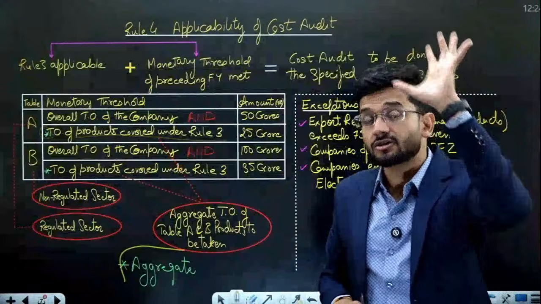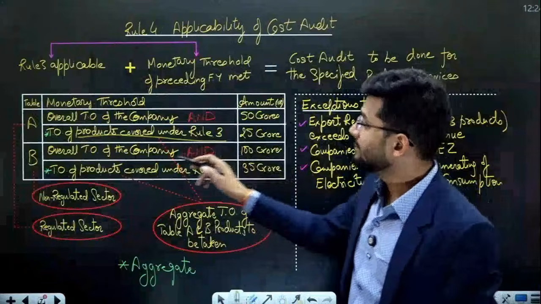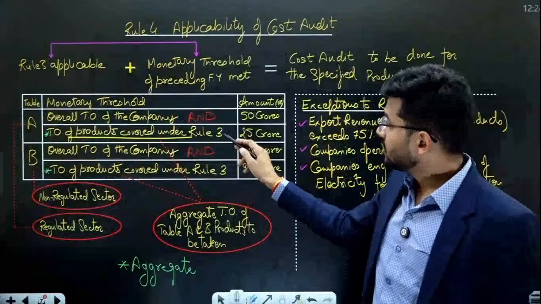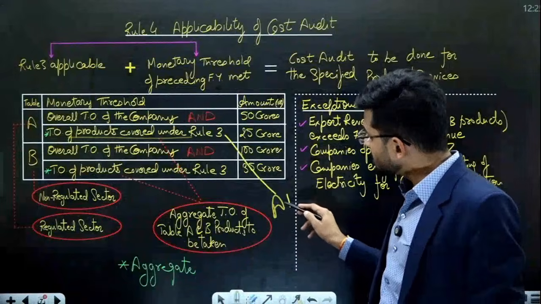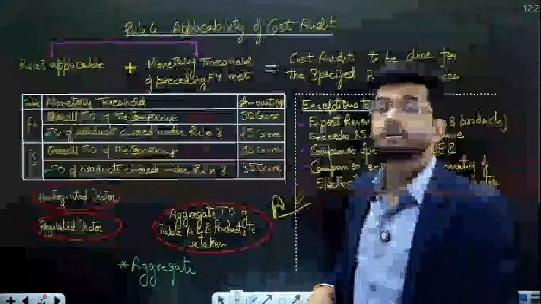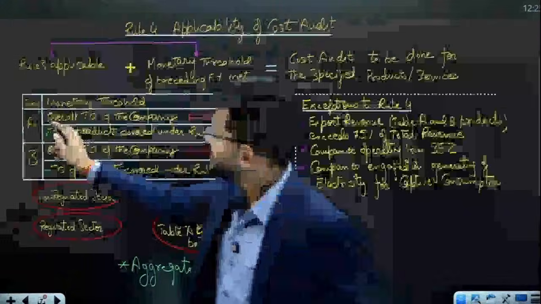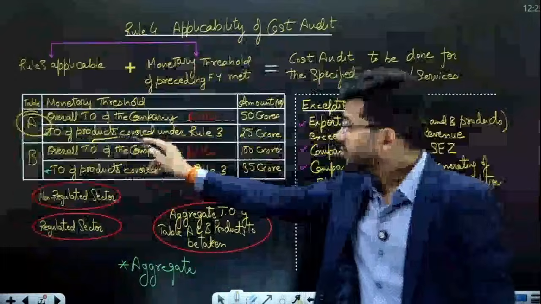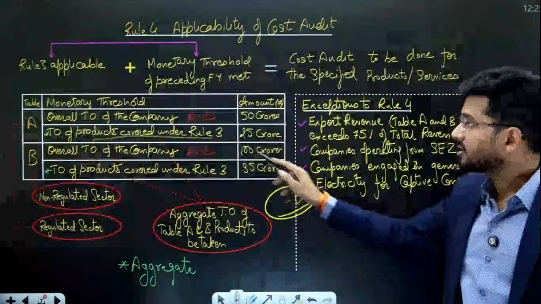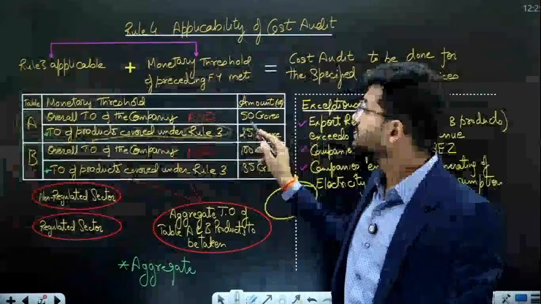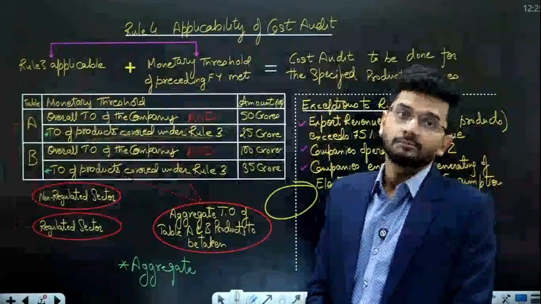Now, the moot point to be remembered is that while you calculate the turnover of the products covered under rule 3, this should be a cumulative of table A plus table B. Even when you are analyzing the applicability of cost audit on table A products, the threshold should be a total of table A and table B turnover, because rule 3 specifies both table A and table B. This is a very big mistake which students make from an exam standpoint.